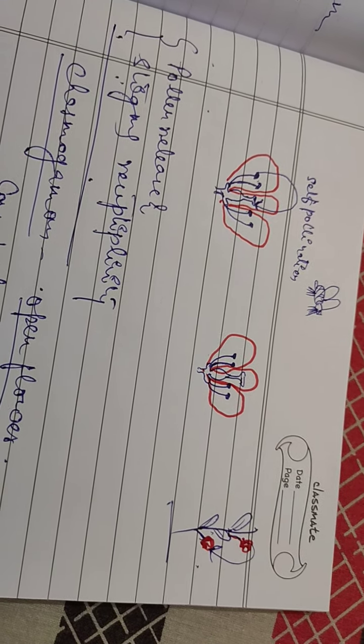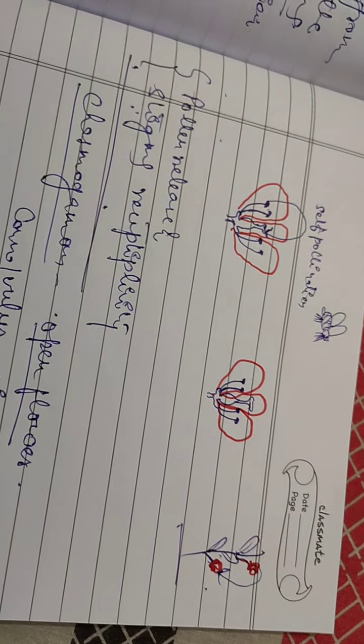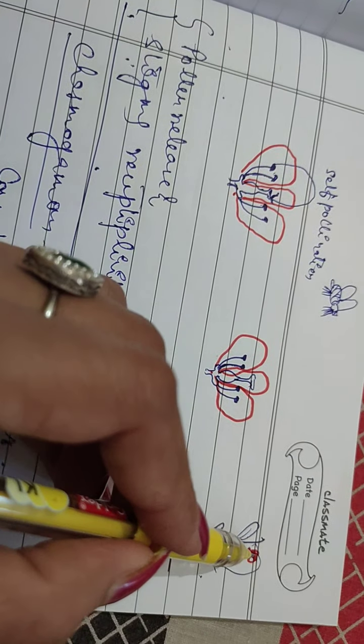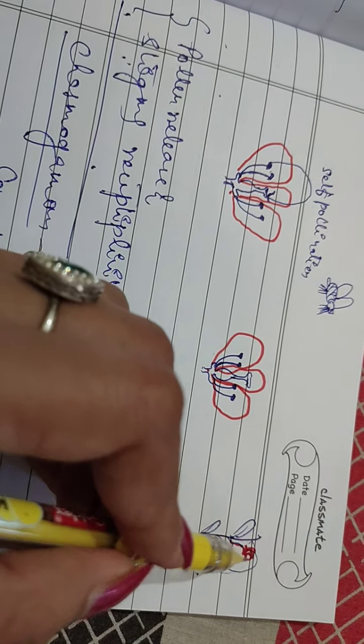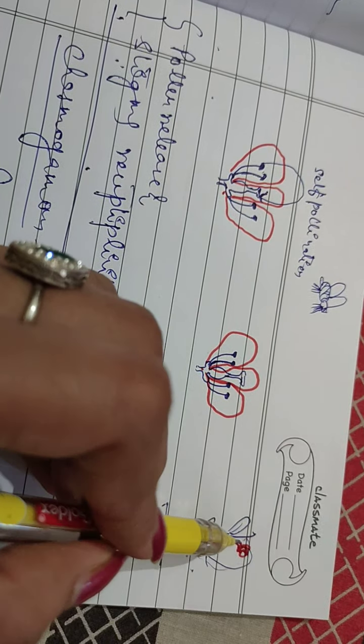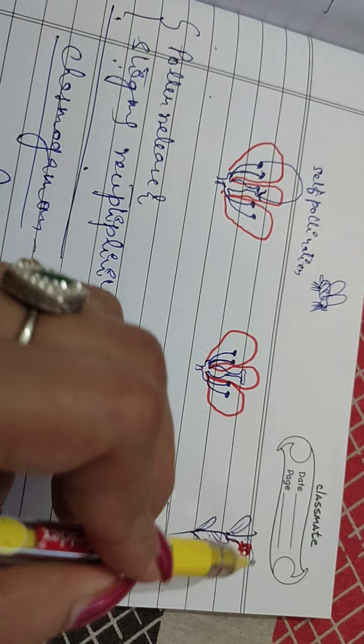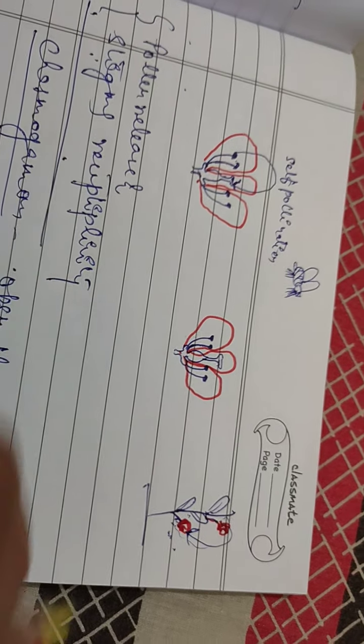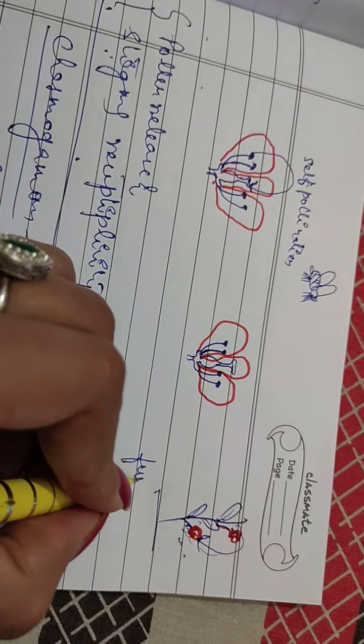Although geitonogamy is functionally cross pollination, because it involves a pollinating agent, it may be wind or any insect, so that the pollen grain lands on this stigma. There is a need for a pollinating agent, which is why it is functionally called cross pollination.